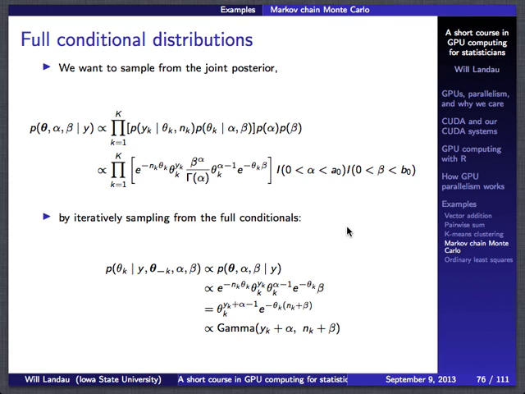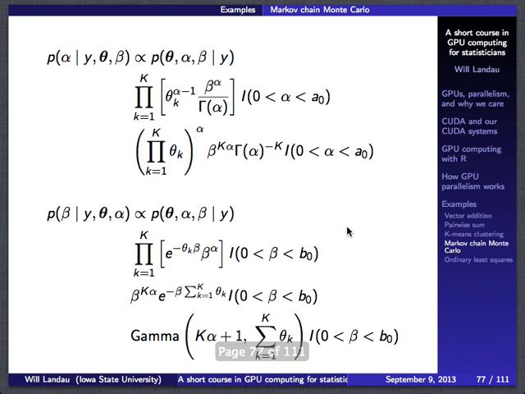So I can simply draw from these gamma distributions in parallel. This implementation has a Metropolis step for sampling the distribution of alpha, because this is not in a convenient form that I like. I use a Metropolis step for this, and I sample from a truncated gamma when I get to the full conditional of beta.